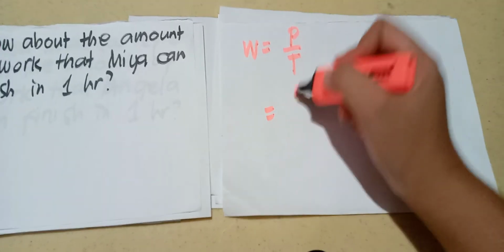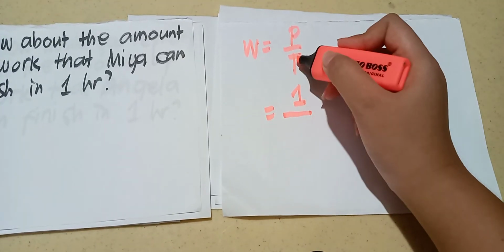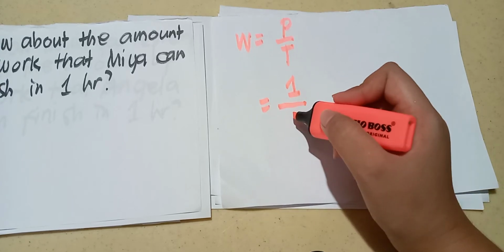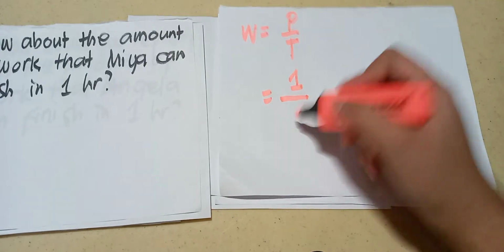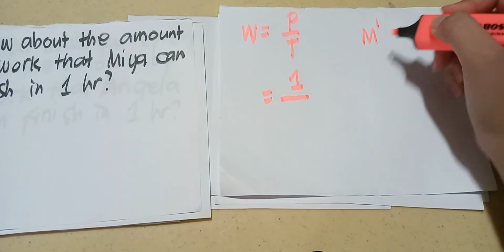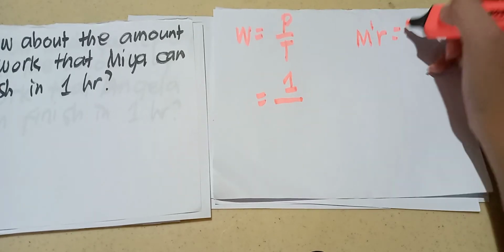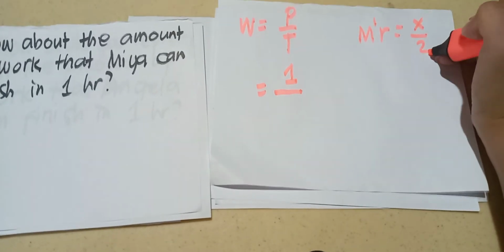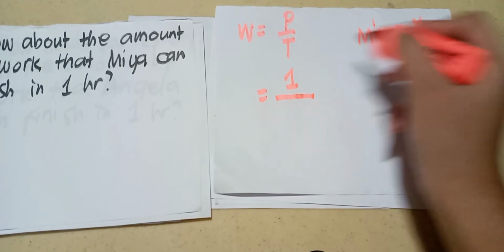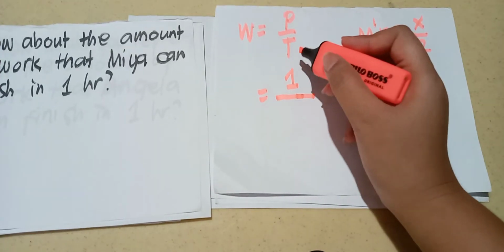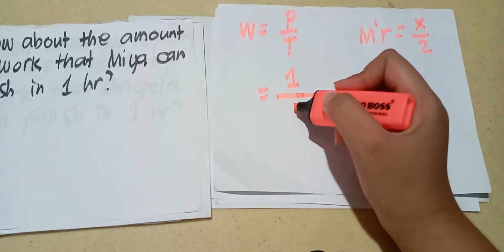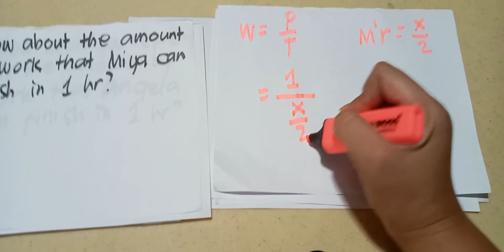So we have project as 1, and the time to do the project is Mia's rate, which is x over 2. So we substitute x over 2 here. So we have 1 divided by x over 2.